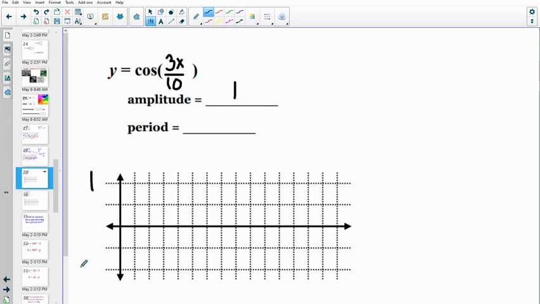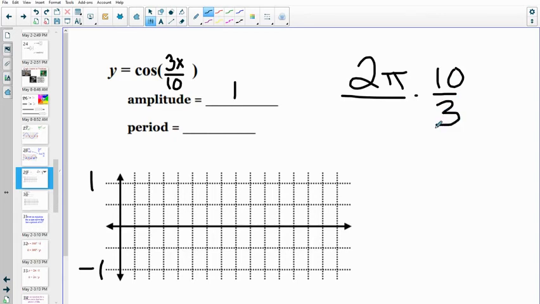We're going from -1 to +1. No problem there. For this one, I'm going to do, instead of degrees, radians, and so we'll do 2 pi divided by 3/10. I'm going to skip ahead and right away say instead of dividing by 3/10, let's multiply by 10/3. And look at that, our period is 2 pi times 10/3. 2 pi times 10 is 20 pi. We've got 20 pi over 3. Interesting.